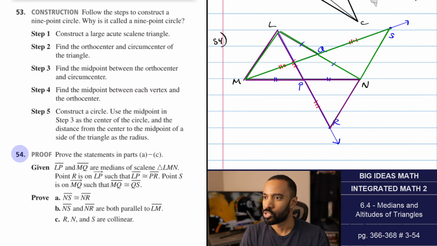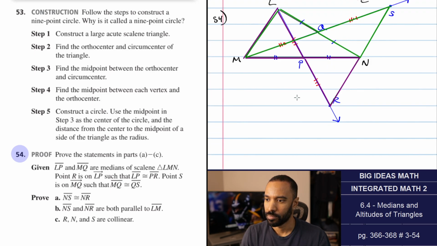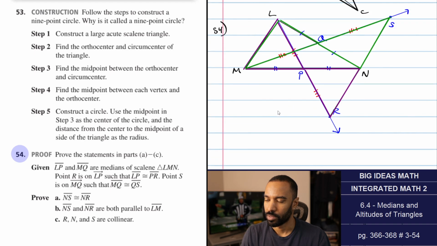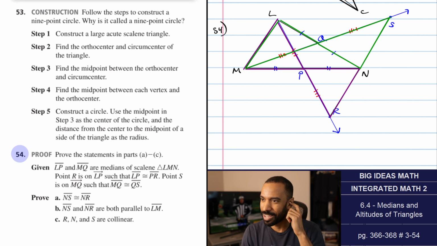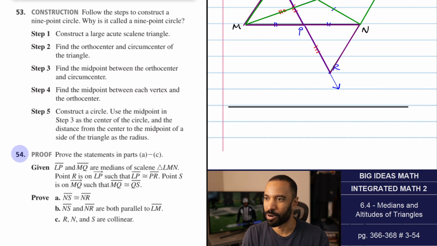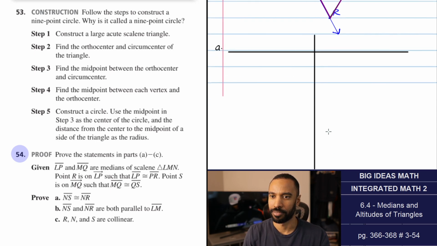Okay, so for part A, sorry, I got to figure out how I want to write this out because I want you to see it. So statements and reasons. Okay, lots of givens.